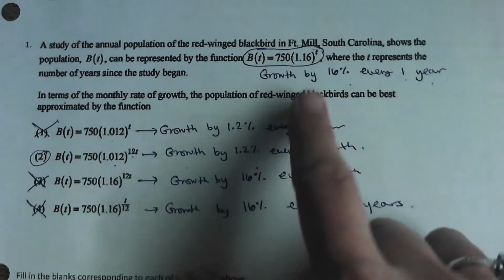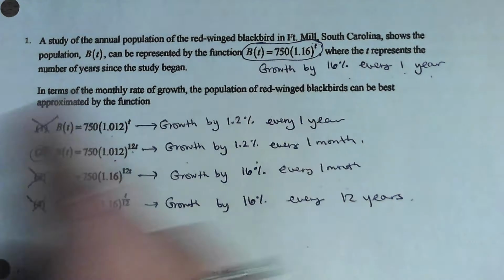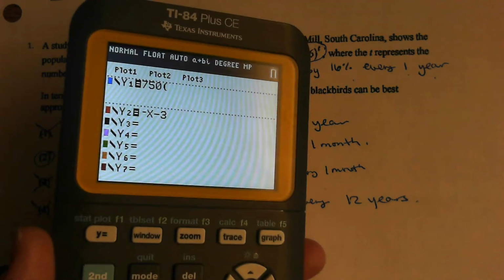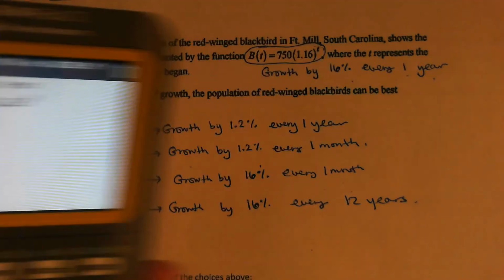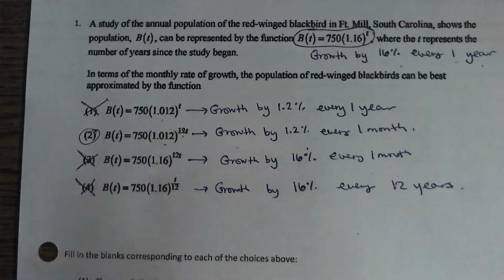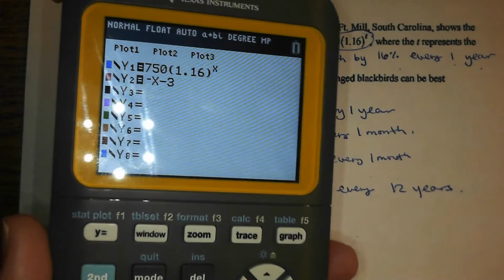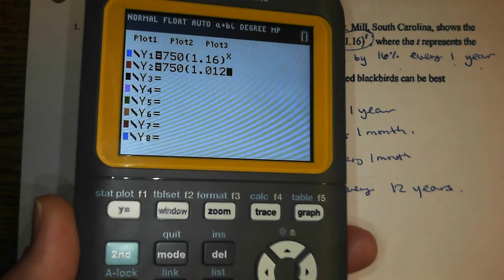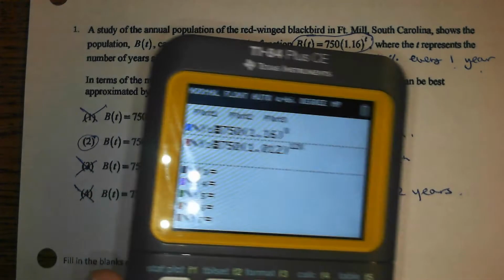If you wanted to see which one was the same version, you could type that into your calculator as y1, so 750 times 1.16 to the x power. And then what you think the right answer is, so if we're checking B, I'd also type in 750 times 1.012 to the 12x power.